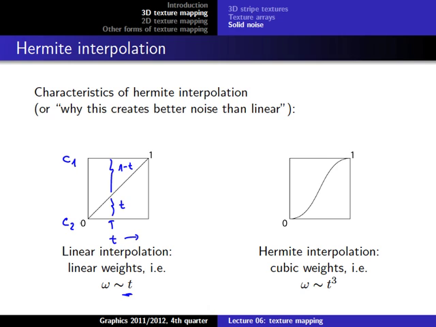But if you look at the cubic function, which looks like this, if we have our color 1 and color 2, and now if you look at what happens to t and t minus 1, if we increase it, we see that the influence of the second color on the weighted sum is first very, very slow, and then it's about linear in the center, and then the influence of the second color increases much stronger towards the point here, which means basically we get a smoother transition towards this local maxima and local minima that we have here at the corners.